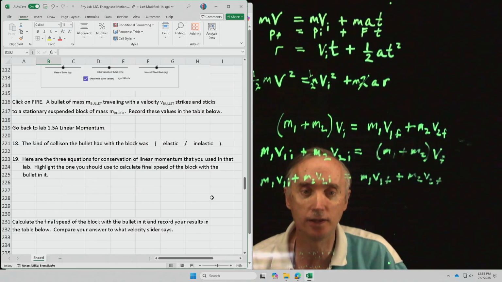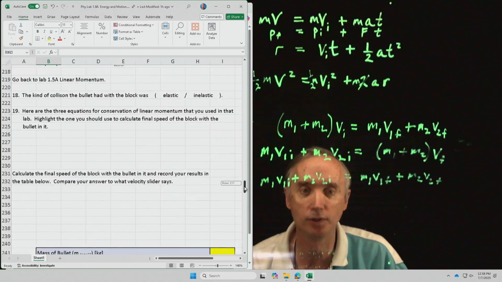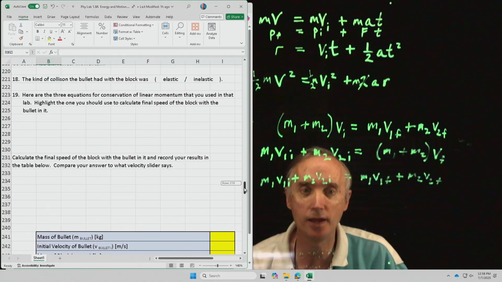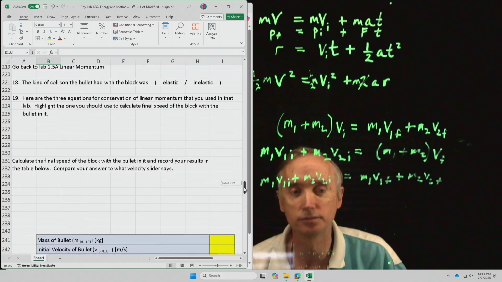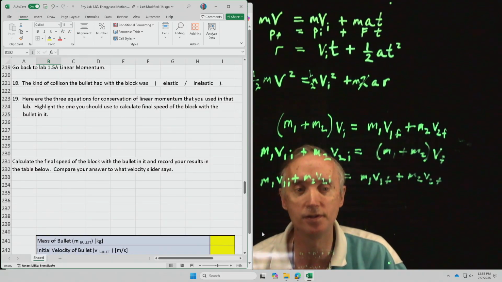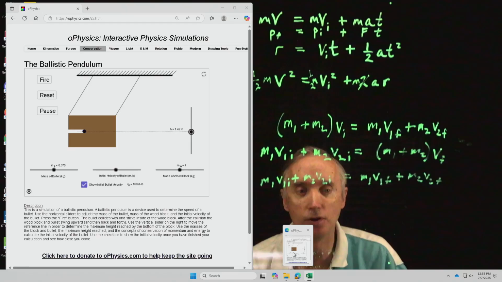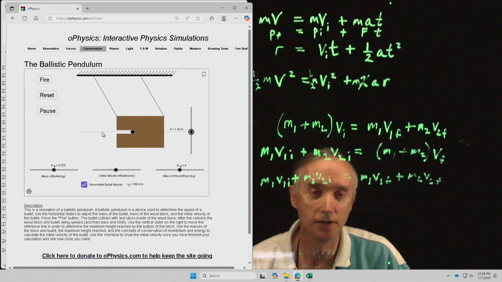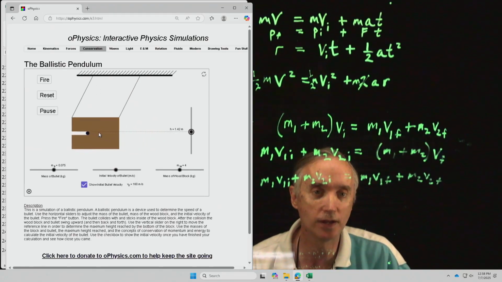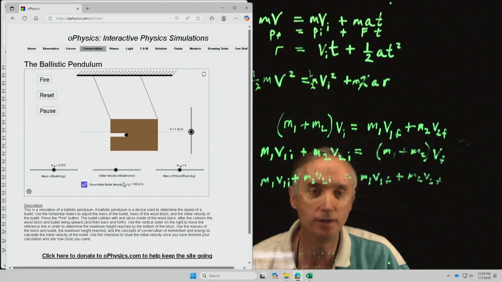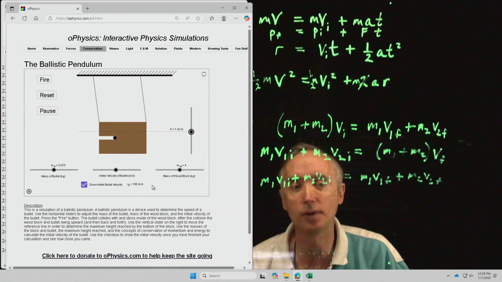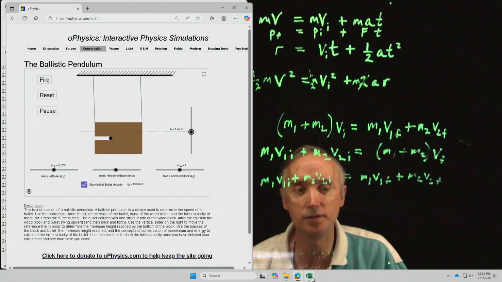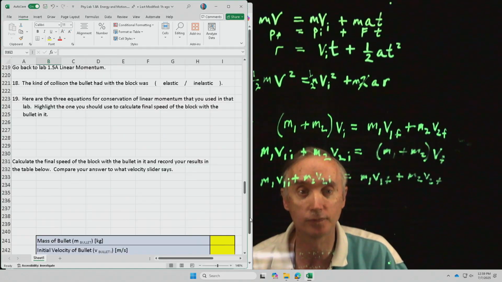It says here to record your results in the table below, and then compare your answer to what the velocity slider says. Once you've done this, if you go back to the simulation, you see it's still swinging, so you can read the speed and compare your answer to what the simulation says.